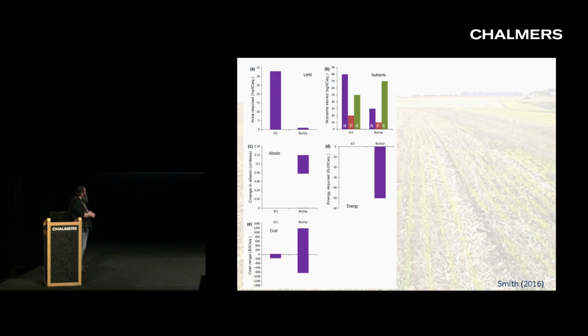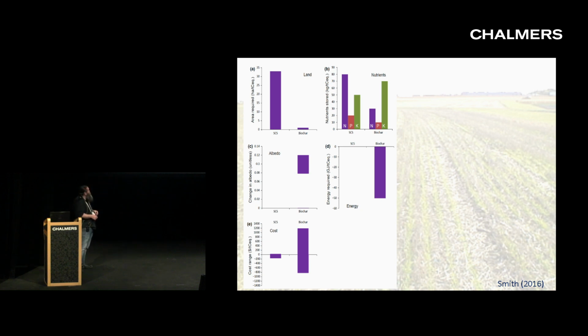With biochar, the range of estimates is much larger, and that's predicated on the market for the biochar. So if you can sell the biochar, you've got a viable market if you're selling it as a soil improver, for example, for horticulture, then you can get into cost negative. And if you've not got an adequate market, then you can end up with fairly high costs in some situations of producing that biochar.